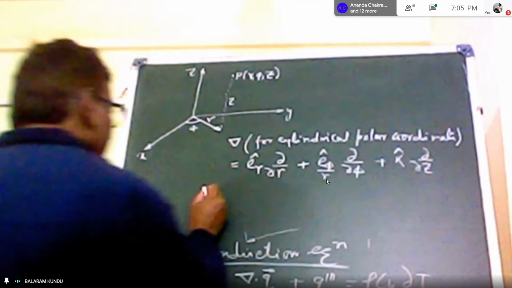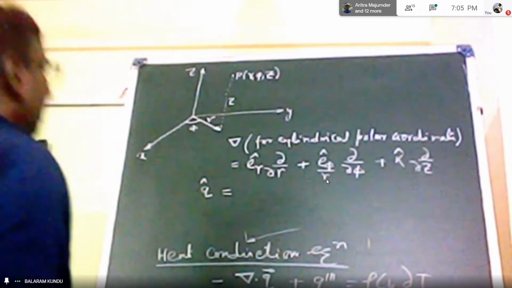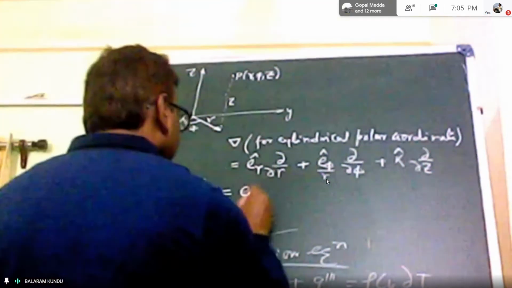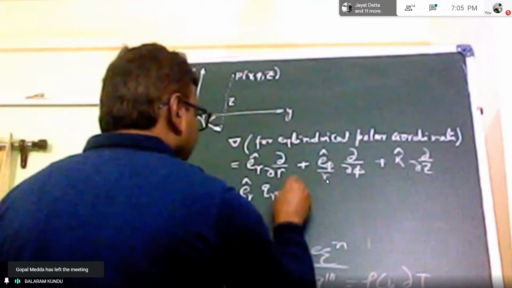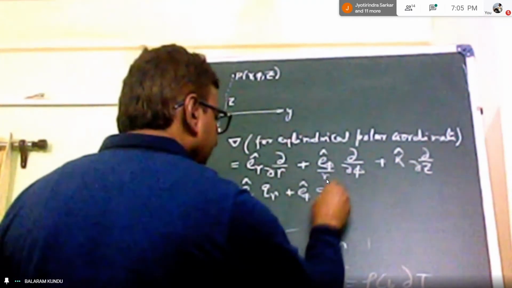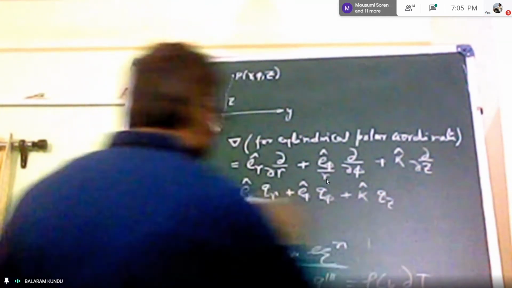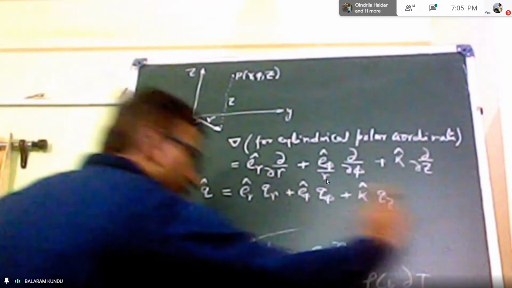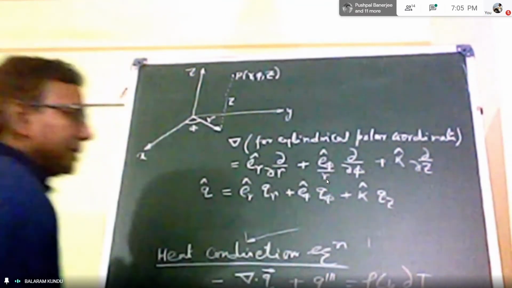That means the heat flux q can be expressed for cylindrical polar coordinates as e_r times q_r, plus e_phi times q_phi, plus k times q_z. So q_r, q_phi, q_z are the components of heat flux in the r, phi, z directions respectively.